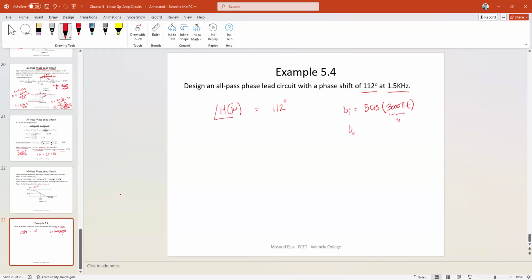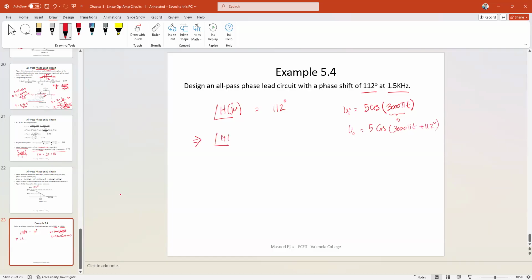For this, we want the output to be 5 cosine of 3000 pi t plus 112 degrees. So the phase difference between the input and output is 112 degrees, with the output leading the input by 112 degrees. That means the phase of the transfer function is 112 degrees.